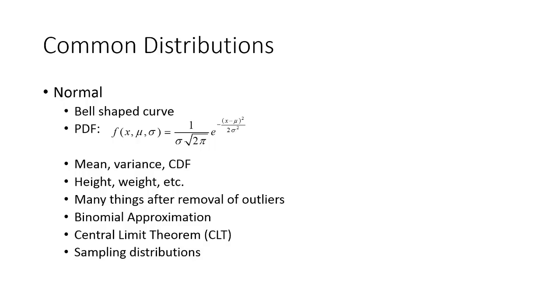Now this is a very interesting distribution because there are a lot of things that are normally distributed. So things like people's height, weight, well, height obviously within each gender, grades in a class, marks that people score in exams. The core idea with the normal distribution is that unlike the uniform distribution, which says everything is equally likely, the normal distribution says that things in the extremes are less likely, things in the center are more likely within certain limits, which is what gives it its characteristic bell-shaped curve.